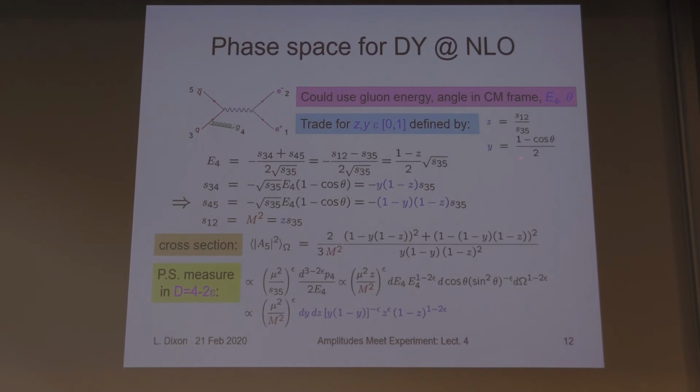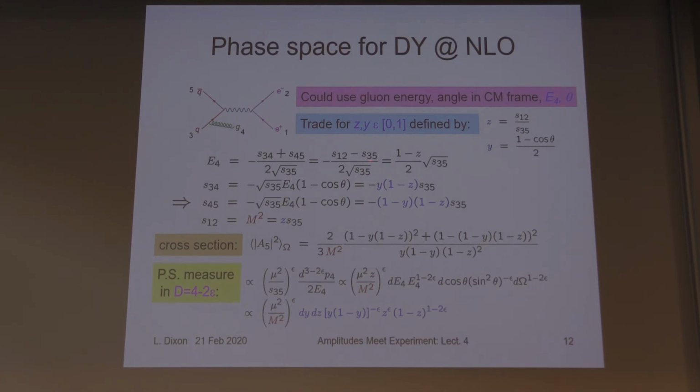And then if you use this parameterization and plug in for what E4 is, well, E4 is the dot product of the momentum K4 with the center of mass momentum, because in the center of mass frame, it just points in the time direction, so it picks off this energy, but you have to normalize it properly. So you get a formula like this.